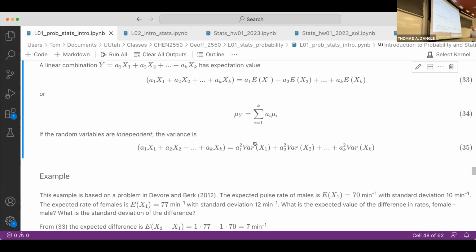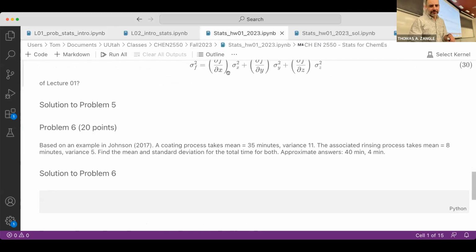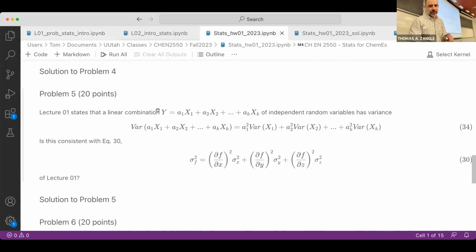Okay. Can anyone help on how to approach problem 5? I'd much rather have everyone help than just tell you the answers. So how do we approach problem 5? I'll pull up problem 5. So here's problem 5. Go ahead.